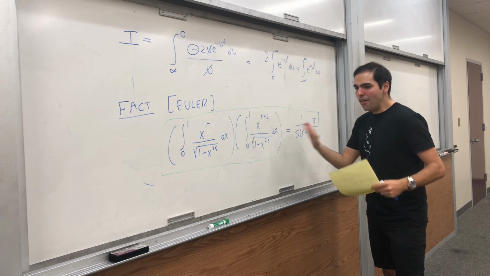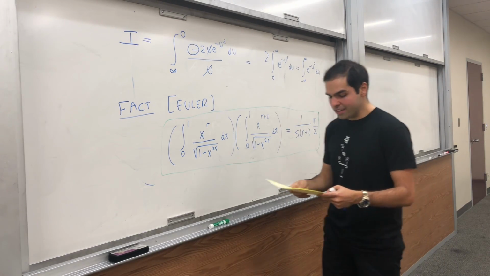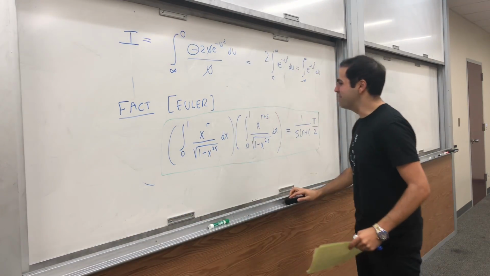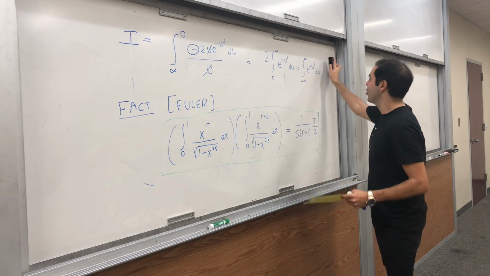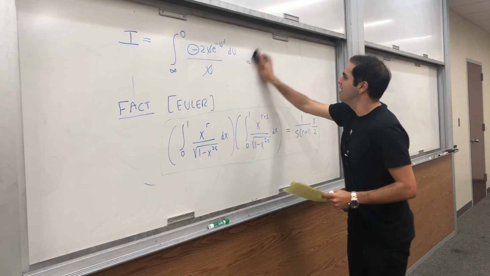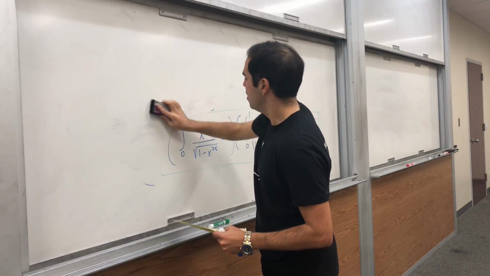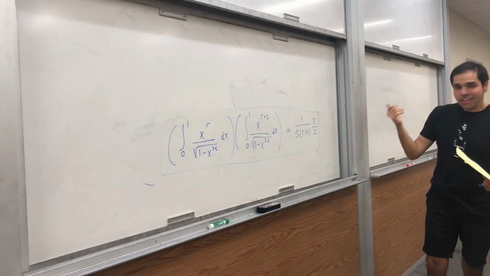Now, how can we use Euler's identity to prove our fact? Well, let's play with this a bit. So, what can I erase? Well, I need this Euler's identity, so let me write this here. Because first of all, it's kind of interesting.